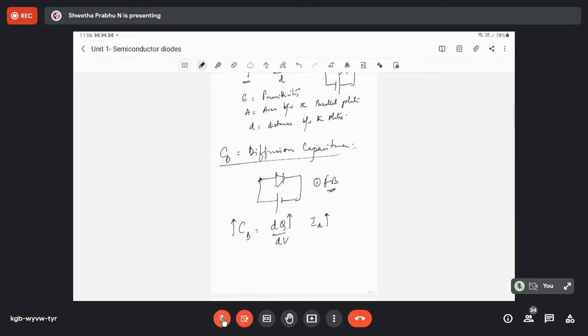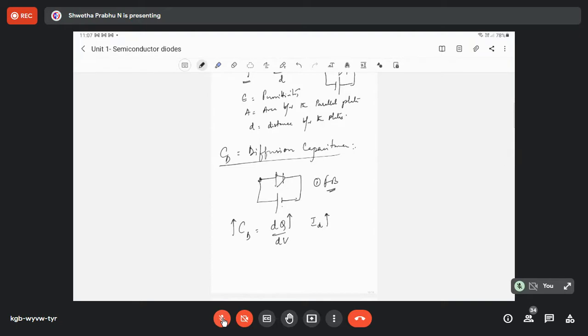What happens when the diode is reverse biased, and what happens when it is forward biased? These two conditions we have to consider. Now, when the diode is forward biased, the depletion layer decreases. As you increase the forward bias voltage, the external voltage, the depletion region decreases.